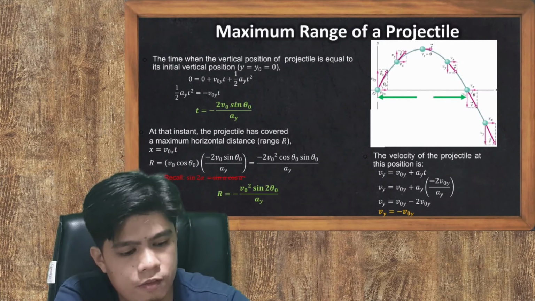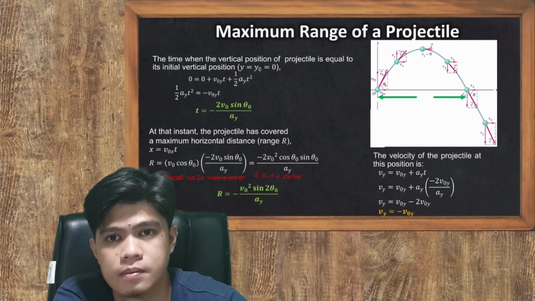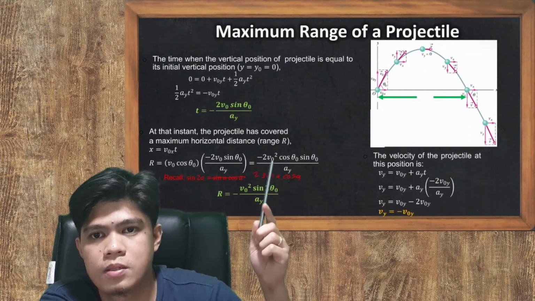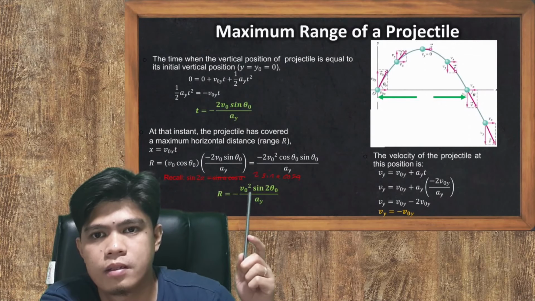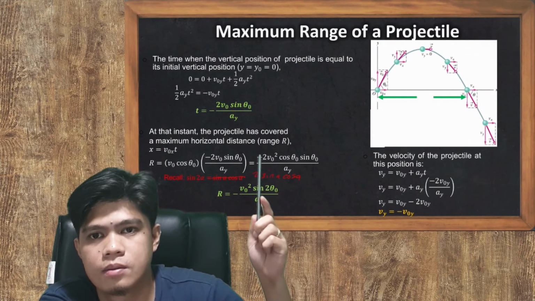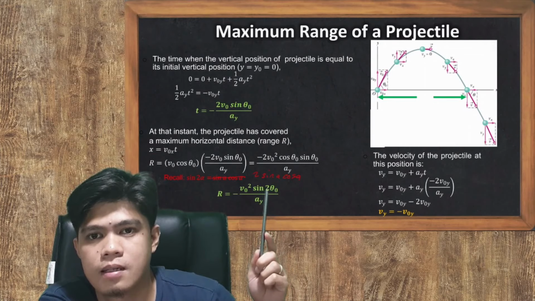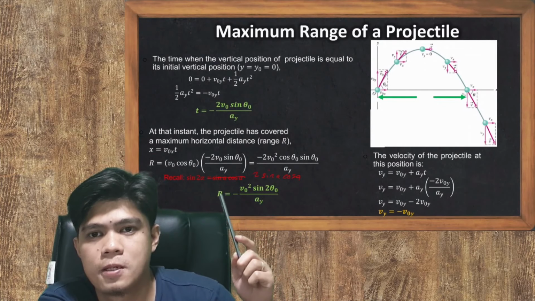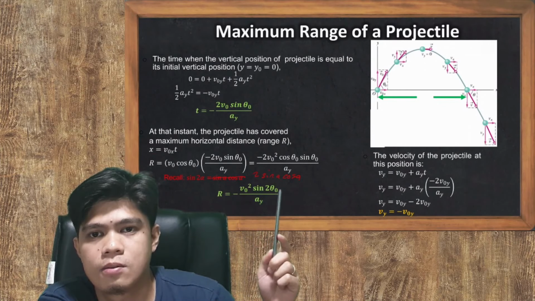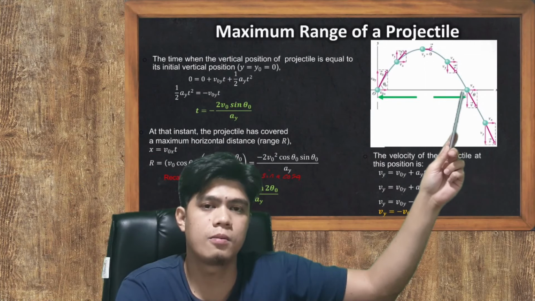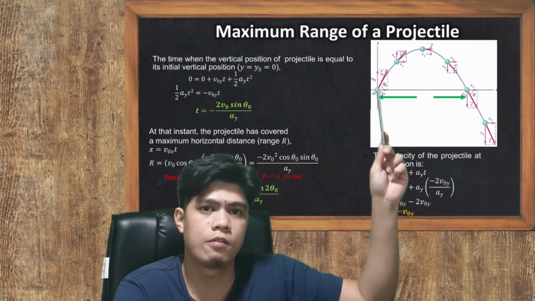Remember, sine 2 alpha is equal to 2 sine alpha cosine alpha. So this equation now becomes v naught squared sine 2 theta. So the 2 cosine theta sine theta is replaced by sine 2 theta. So the maximum range is equal to negative v naught squared sine 2 theta over ay. The final velocity of y here is equal to the negative of the initial velocity of y here.